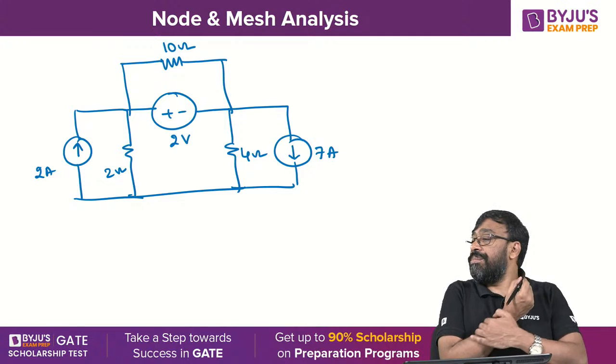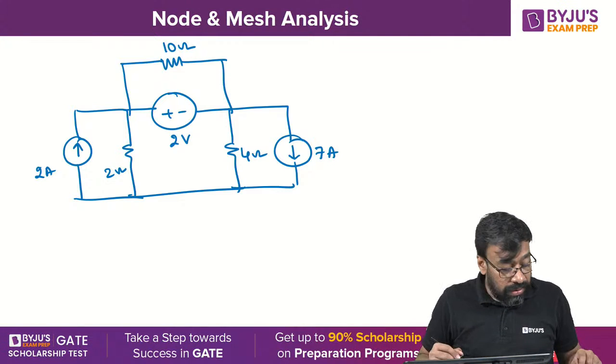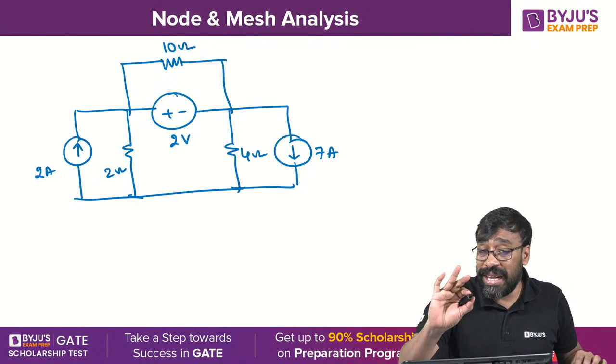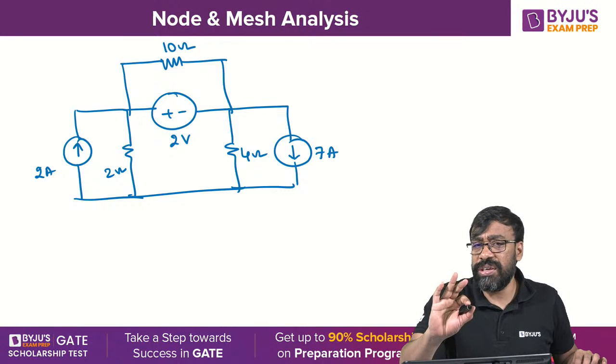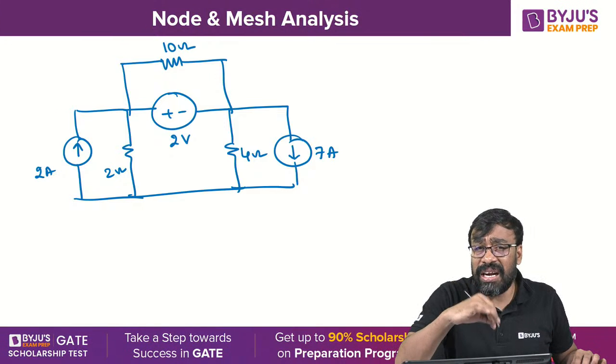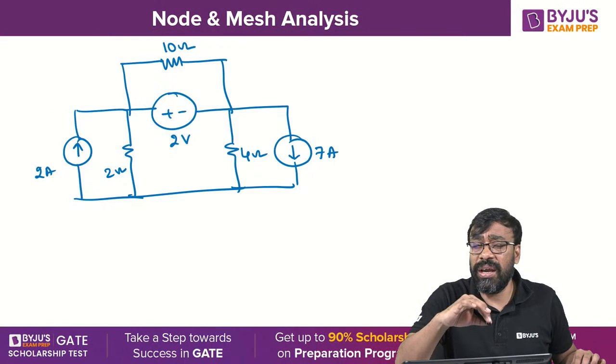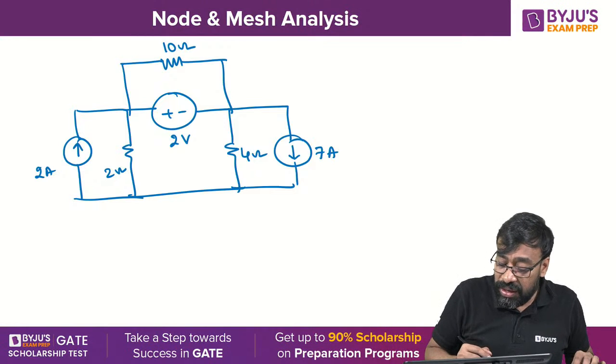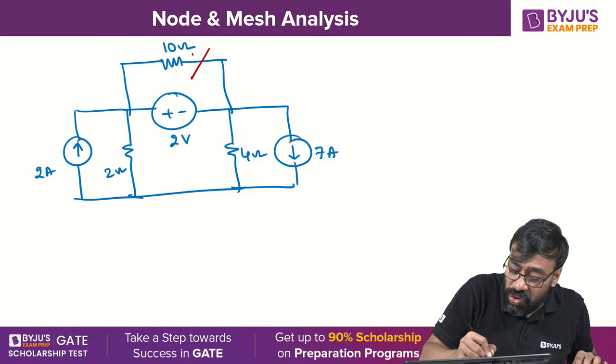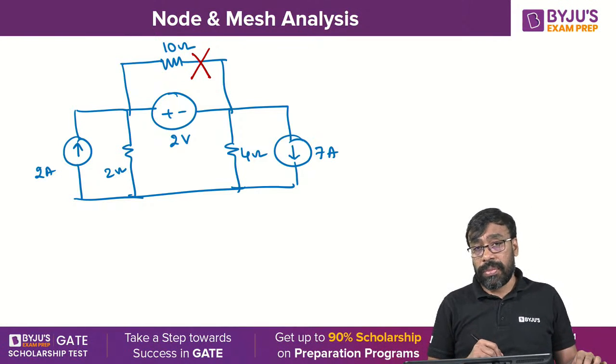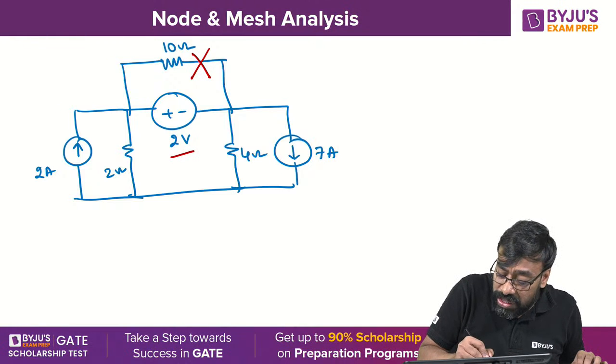Let us see now. This problem can be solved in a different way. Can we neglect this 10 ohm? Because that is parallel to an ideal voltage source.